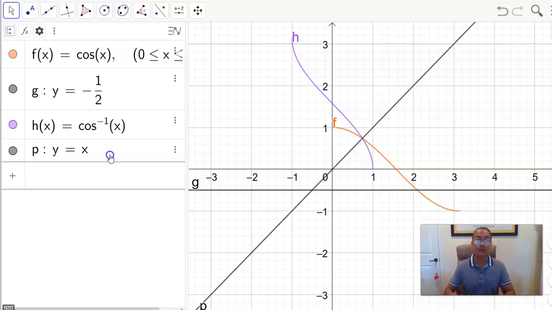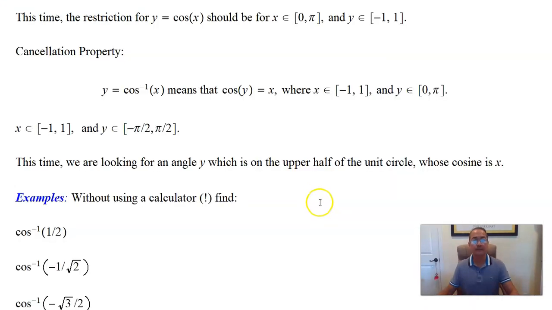If you look at y equals x, use that as a mirror, turn your head to the left 45 degrees, then yes, this blue part is perfectly reflected into this red part, and that red part is perfectly reflected to this blue part. So those are the graphs of the restricted cosine function and the arc cosine function.